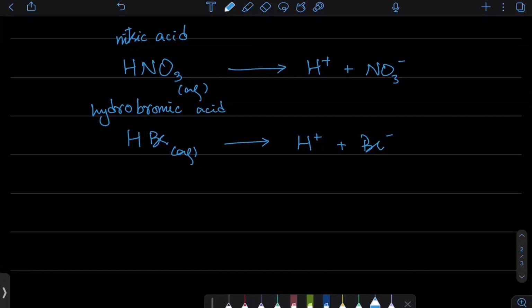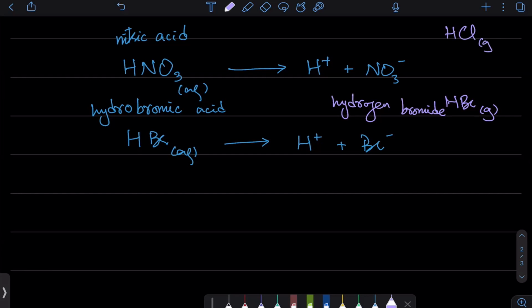Now here's an interesting thing. If HBr was a gas, I'll call it hydrogen bromide. I won't call it hydrobromic acid. Just like if HCl was a gas, I will call it hydrogen chloride. I will not call it hydrochloric acid.